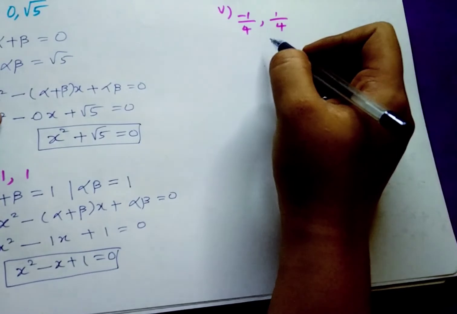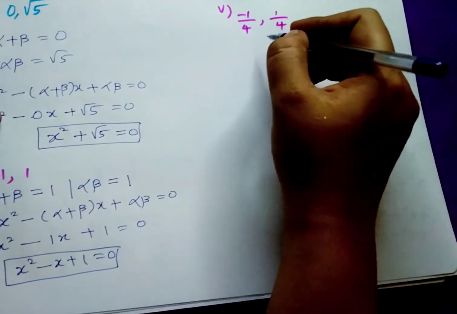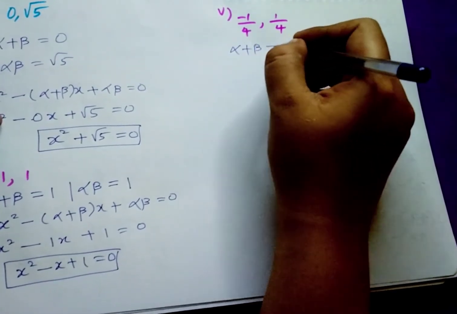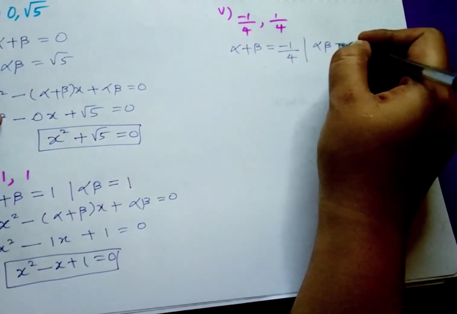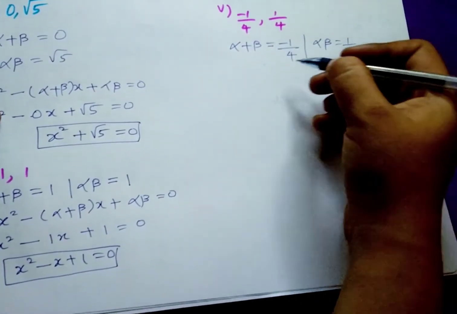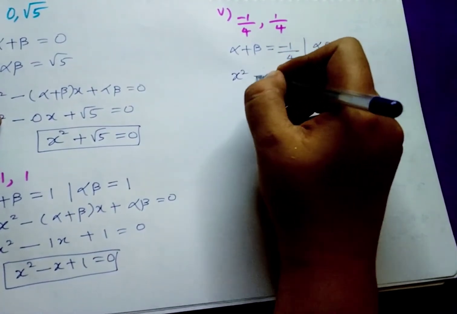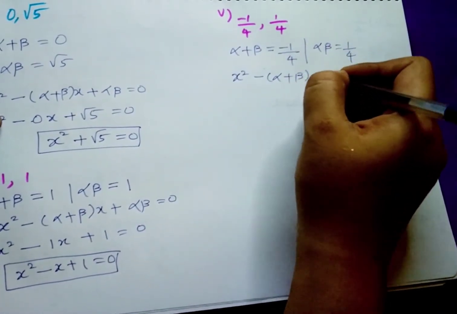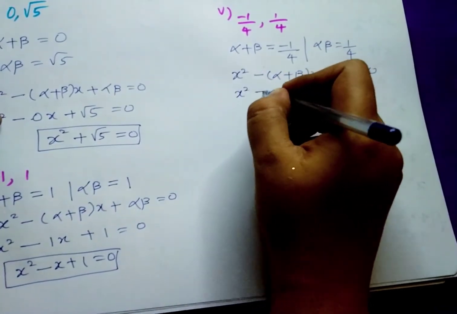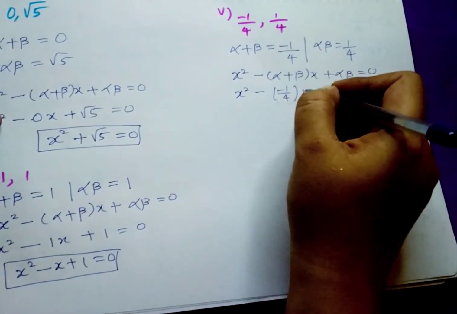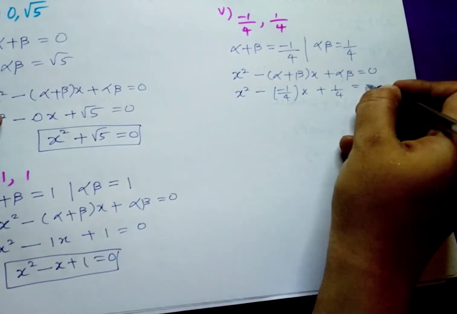Fifth subdivision, the sum of zeros they have given as minus 1 by 4 and product of zeros as plus 1 by 4. When you substitute in the formula, x square minus sum of zeros into x plus product of zeros, we get x square minus of minus 1 by 4x plus 1 by 4 equal to 0.